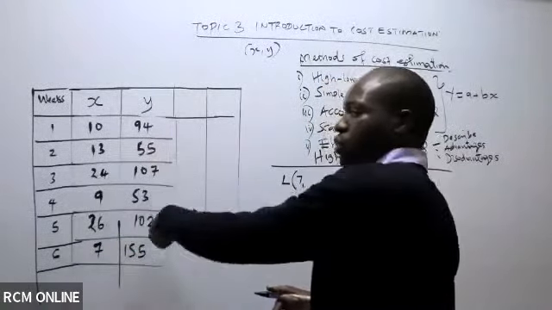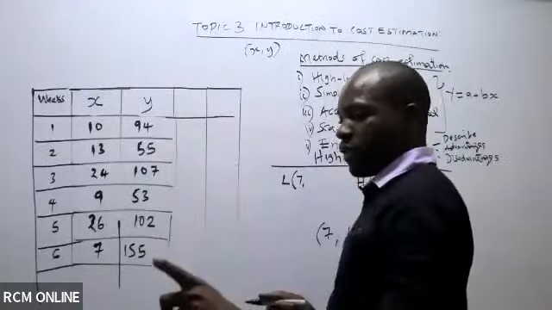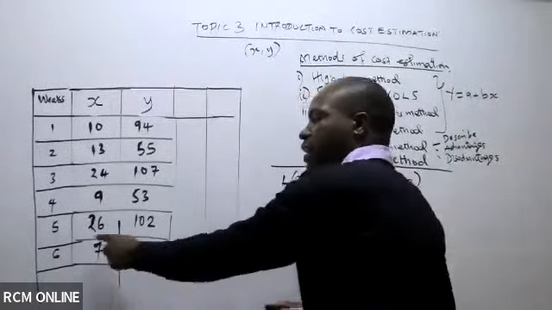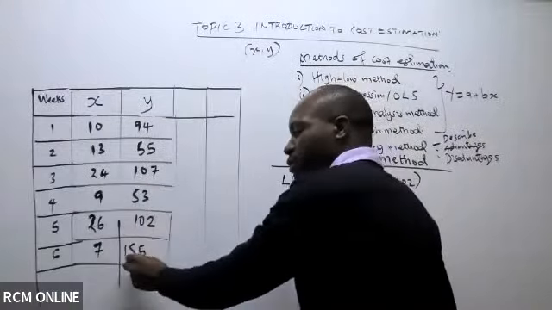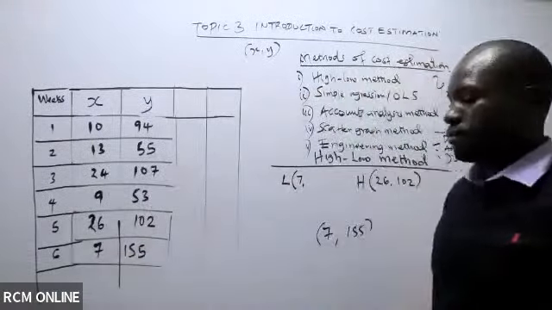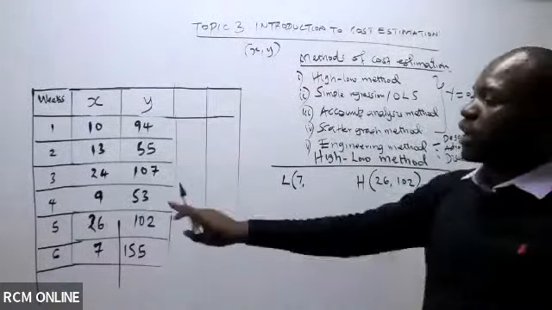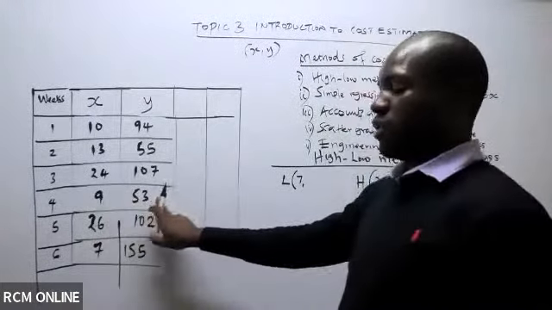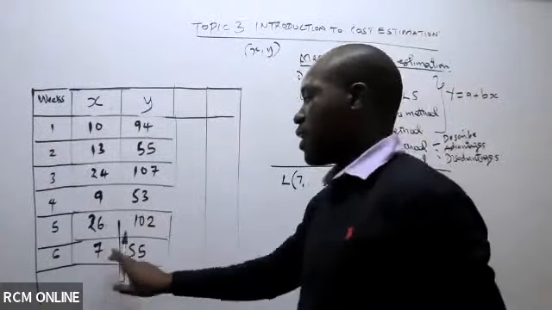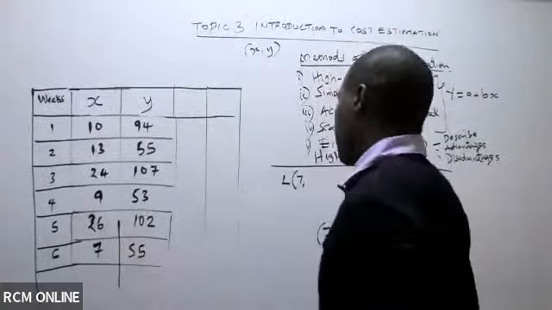That's when I will now go to column Y. But if I don't have similar figures, when 7 is the lowest and it corresponds to 155, this will be my lowest coordinates: 7, 155. So that's why we cannot pick 9 and say it corresponds to the lowest here. No, we take 7 and have 55.